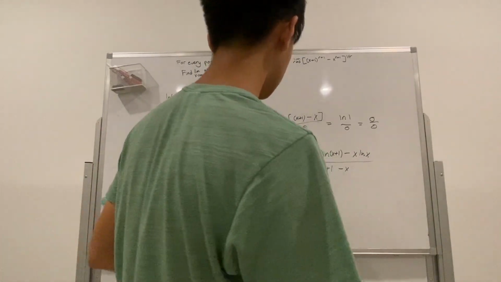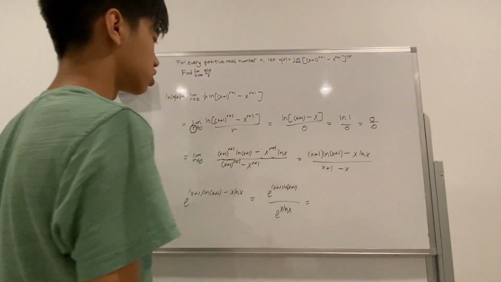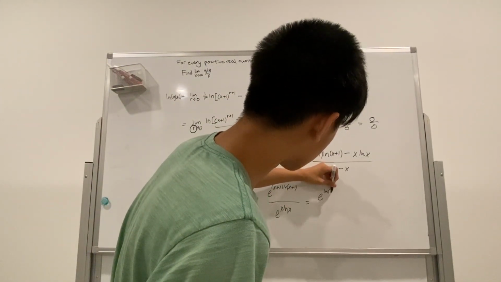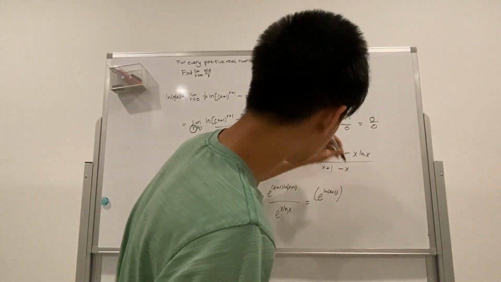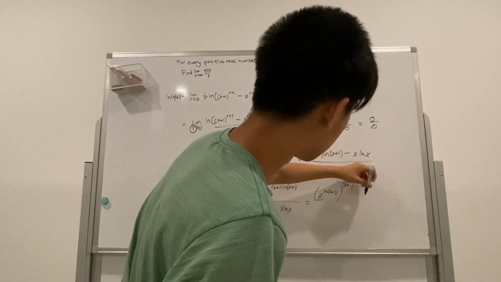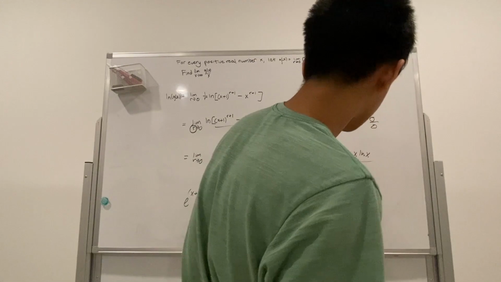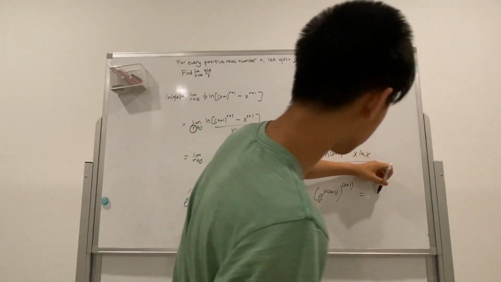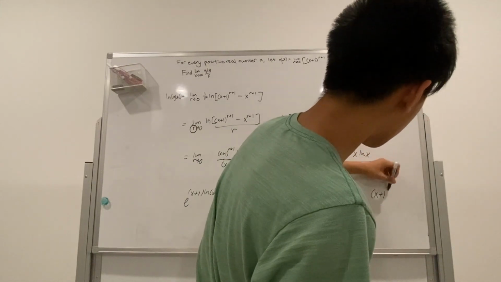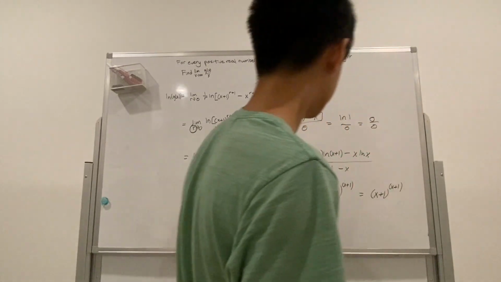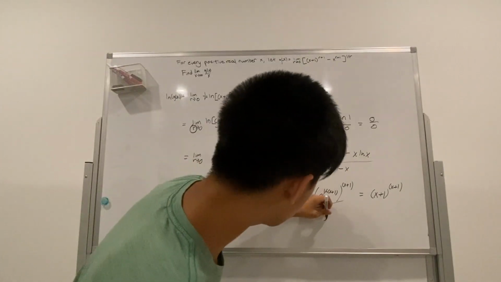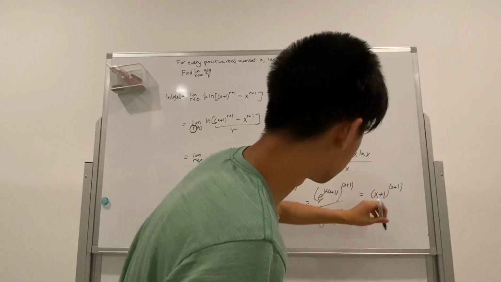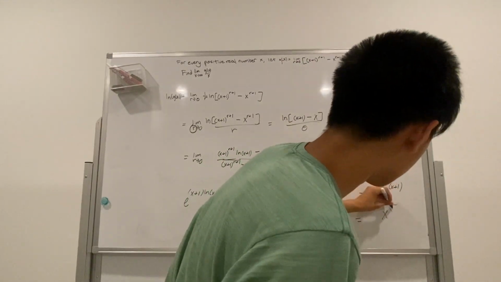This is also equal to e to the ln of x plus 1 to the x plus 1 power, and since the e's and ln's cancel out, this is x plus 1 to the x plus 1 power, over x to the x power.